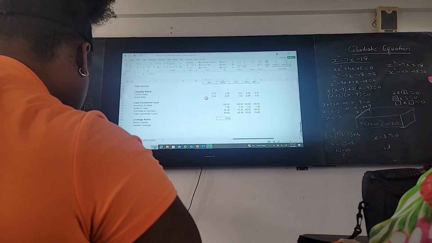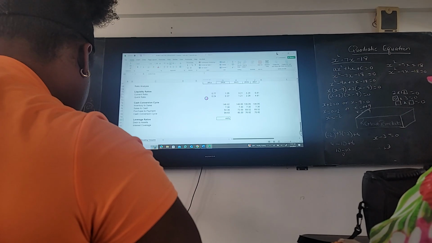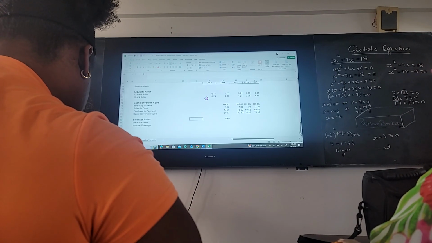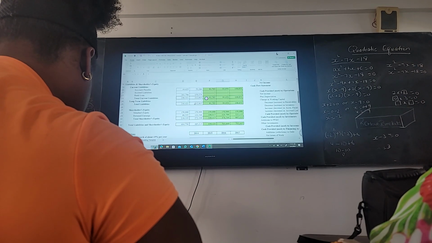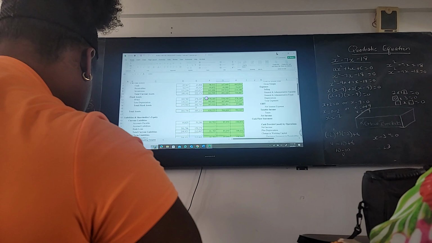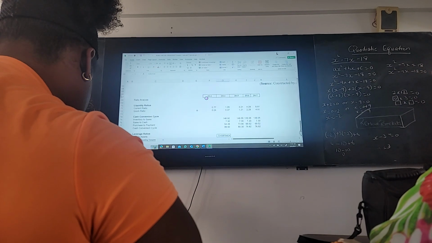How much of that money was borrowed, as a percent? So 43% of your assets were paid for by borrowed money.